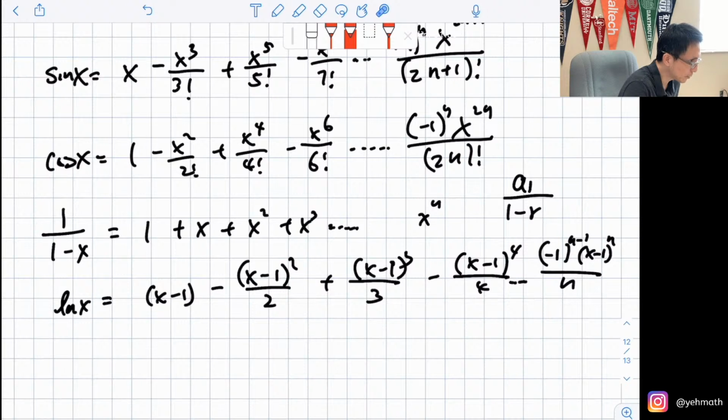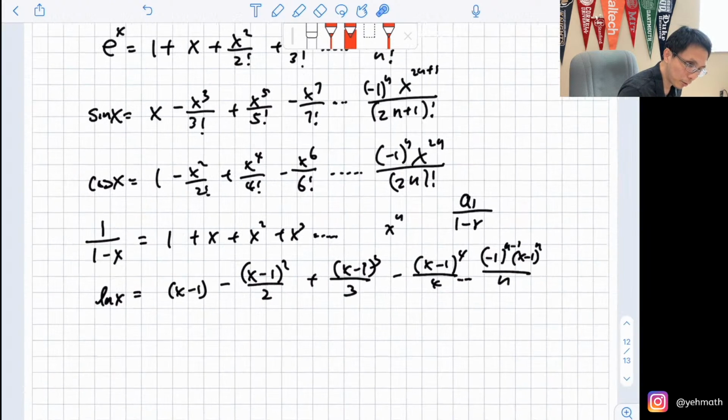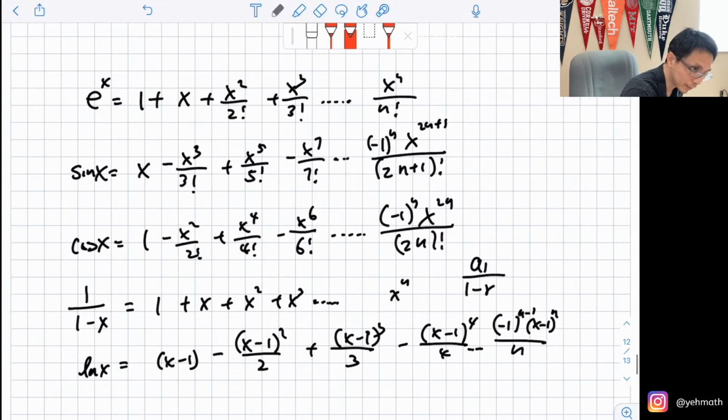Are all of these starting at 0 or at 1? This one is centered at 1. Sine and cosine, are they starting at 0 or 1? They start at 0, yes. And by the way, let me give you the interval of convergence. If you do the interval of convergence of each one, it's going to be negative infinity to infinity, negative infinity to infinity.